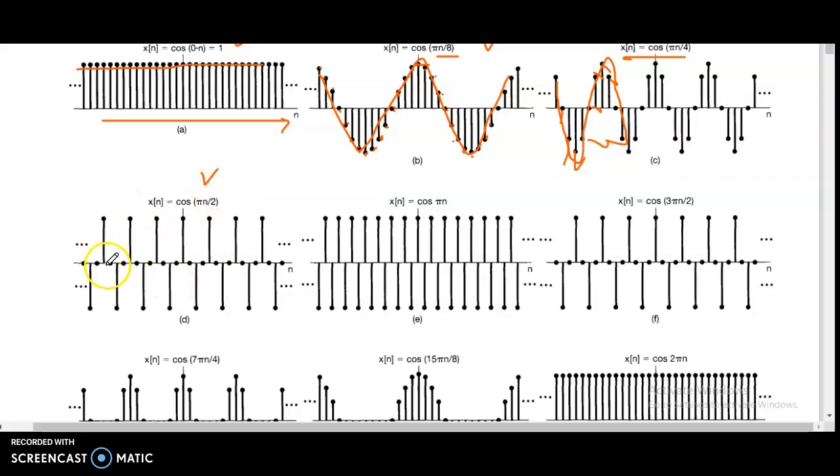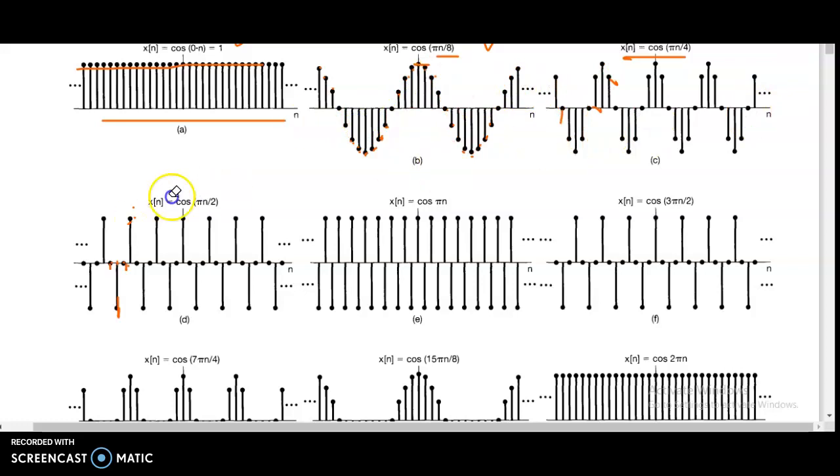So here 1, 2, then 1, 2. This is negative side. This is positive side. So 0, then minus 1, then 0, then plus 1.